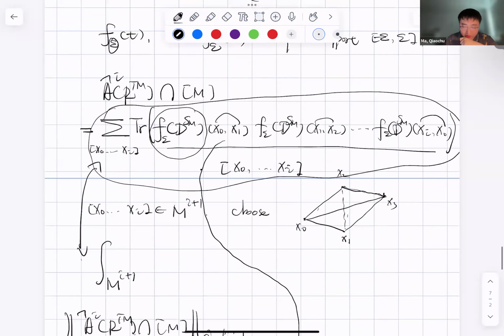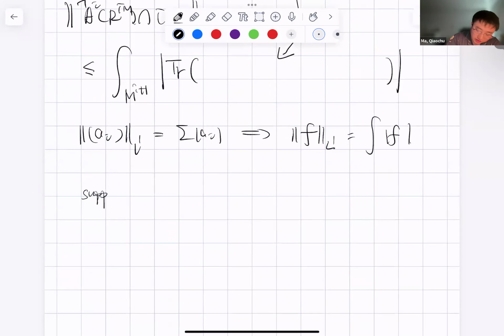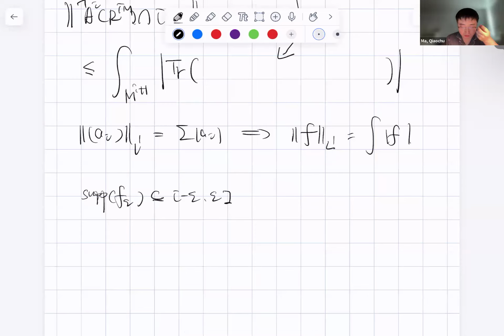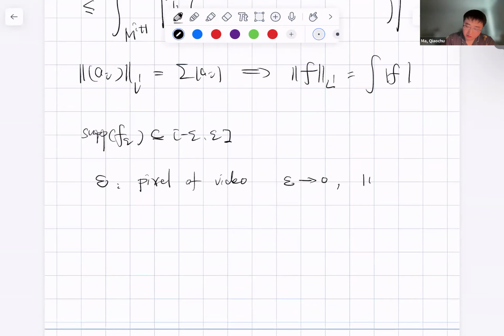One more thing is this epsilon. The support is in epsilon. It means that we want simplicials not too big. Epsilon is like the pixel of a video. If epsilon is very small, you can imagine a video with 1080p, very clear.